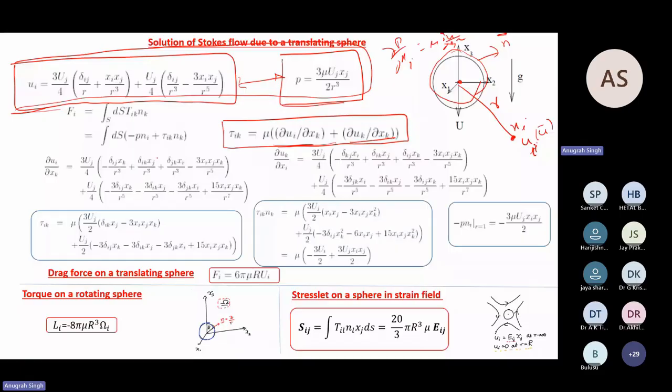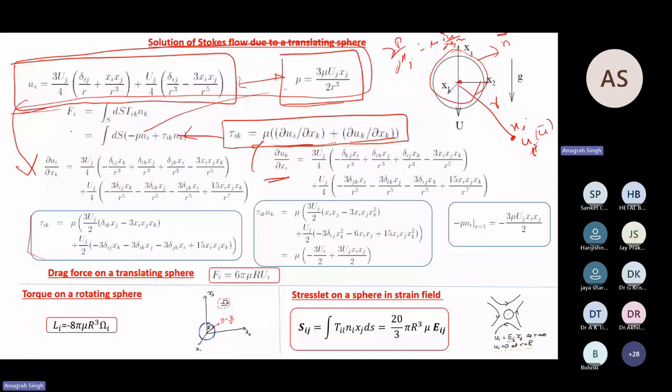Once you have this, take the gradient, you'll get this. Its transpose, you'll get this. So once you put it, you get tau ik, the viscous stress. T is here and this is here. You substitute and do the integration. Again, you have to use the chain rule. This is one component, one, two, three.